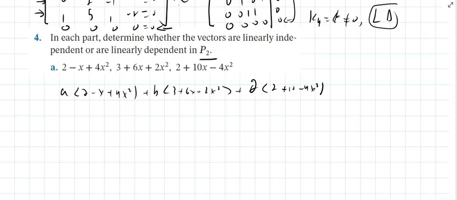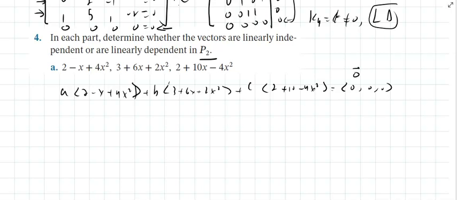And if I take this and set it equal to 0, 0, 0, or just simply the 0 vector, well, guess how this works.